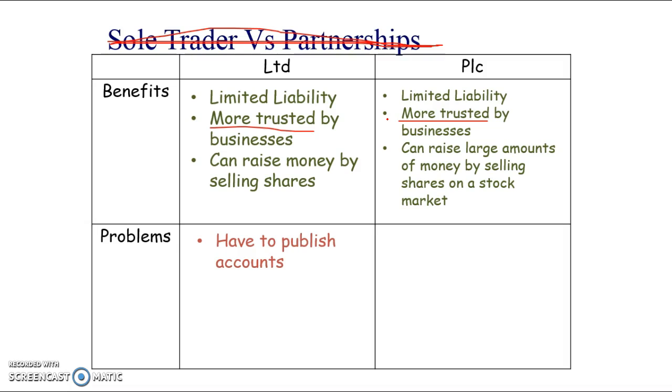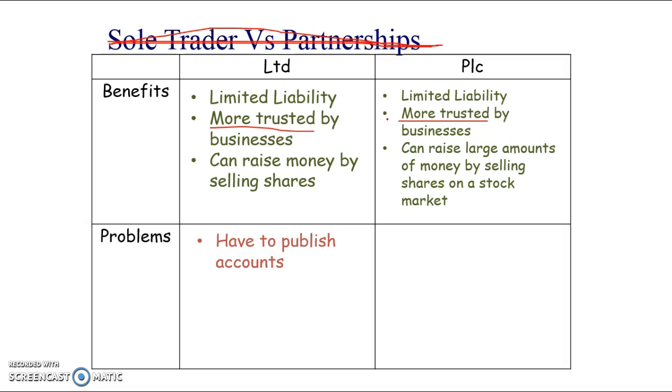And one of the reasons for this is not only do they have to go through tight regulations to become a PLC, but to sell your shares on the stock market, you have to go through what we call this process of due diligence, which is just checking and making sure that this is a legitimate company, because the stock markets are actually businesses themselves, and they don't want to let anybody sell shares in dodgy businesses.